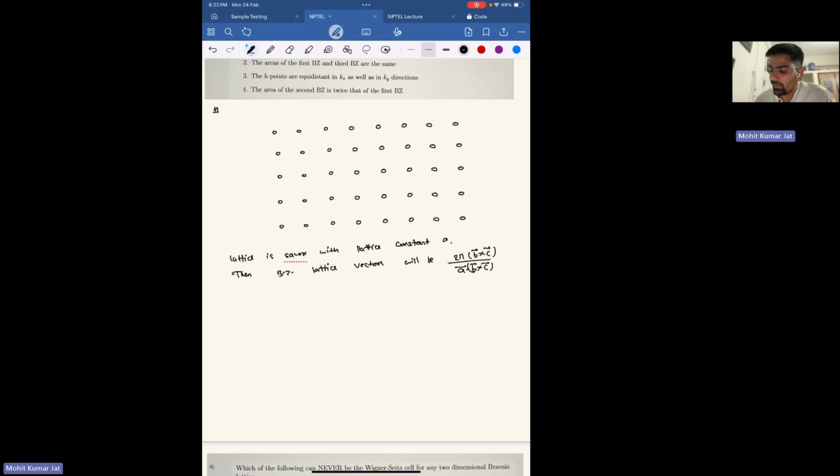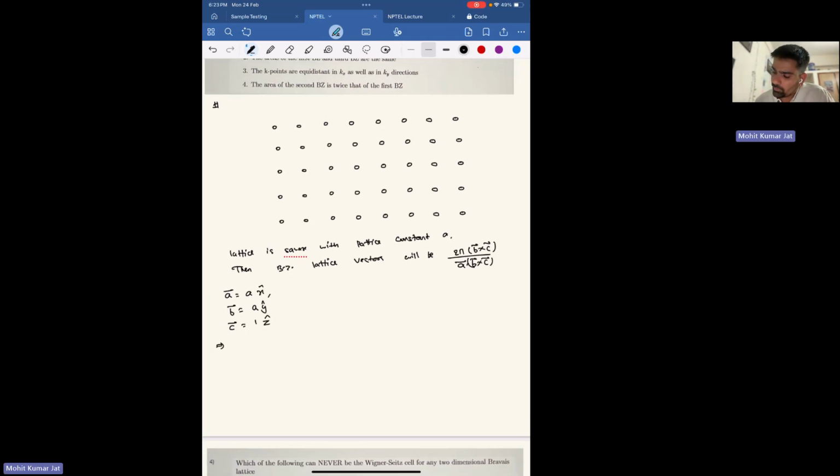So if it is in x and y, a will be a times x cap, b will be a times y cap, and c will be 1 times z cap unit vector. Let me write it better.